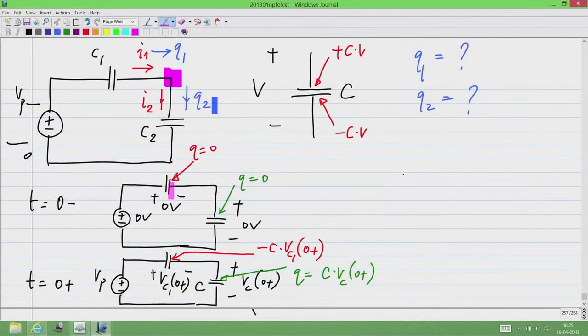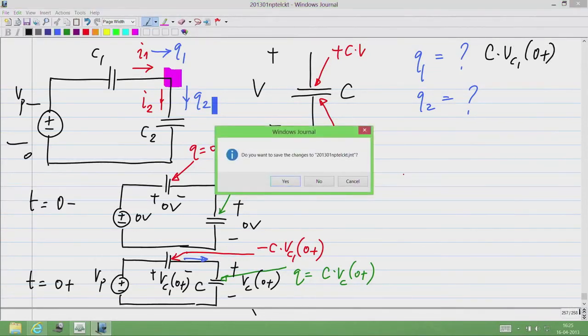So, now the charge here was 0 and it changed to minus C Vc1 of 0 plus. So, obviously, a charge of plus C Vc1 of 0 plus has gone from left to right. What has gone this way is the negative of this quantity. So, Q1 equals C Vc1 of 0 plus.